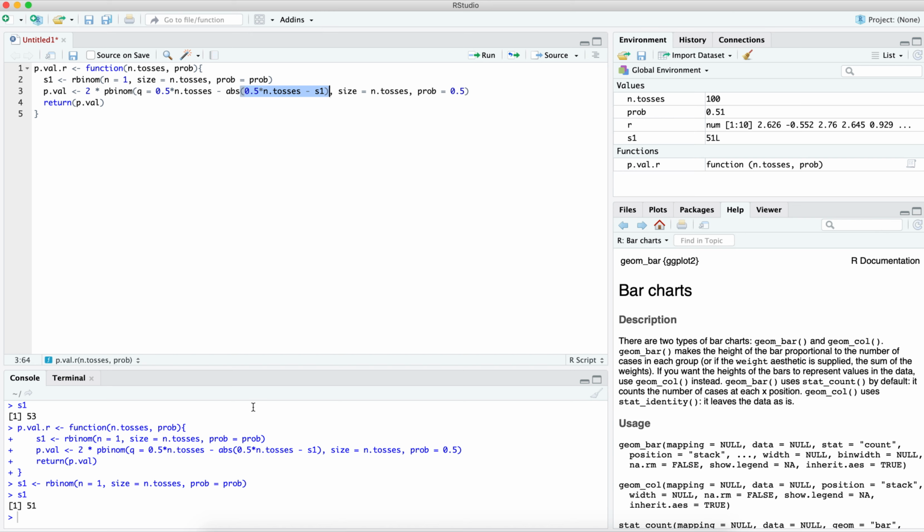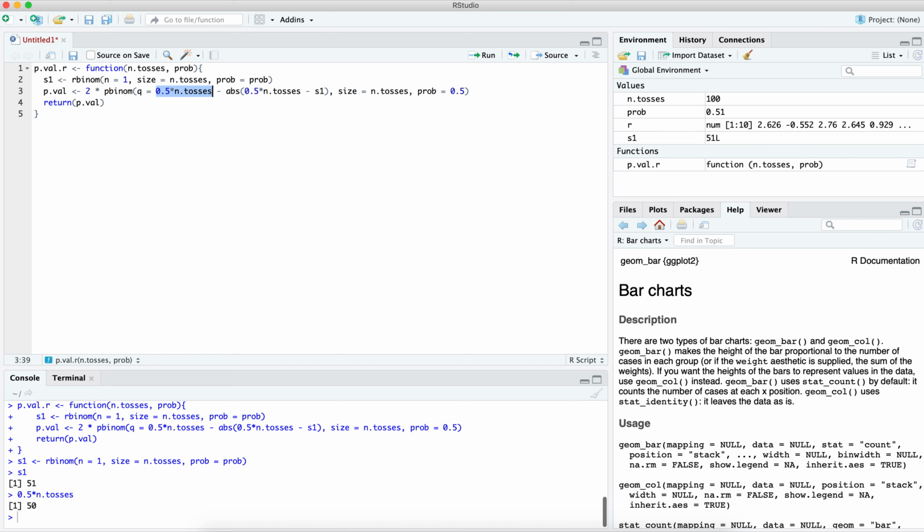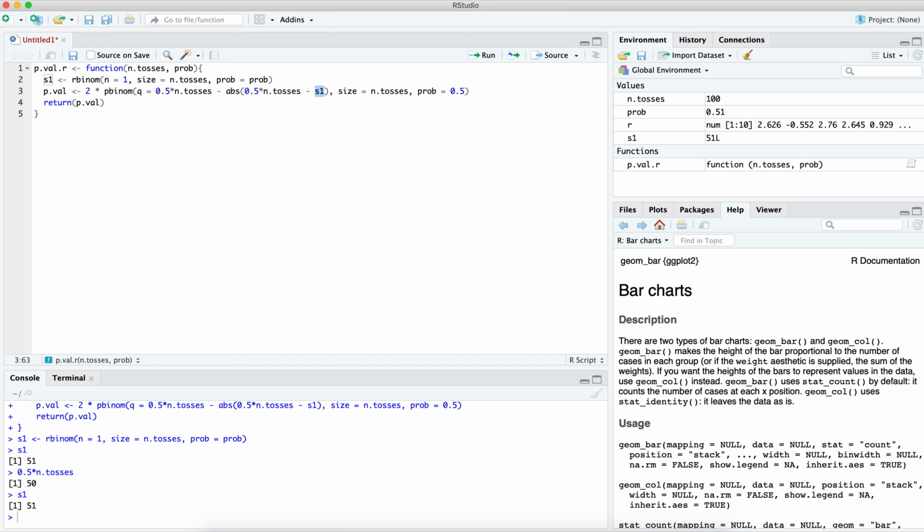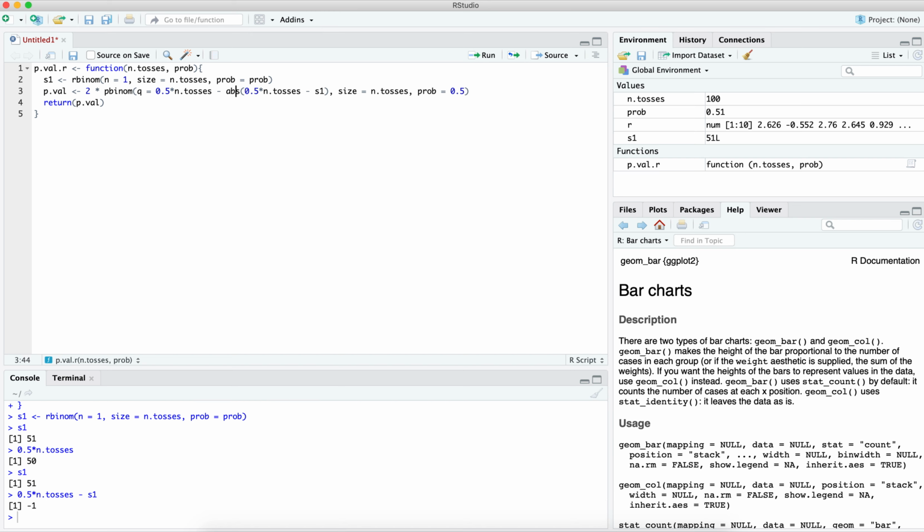So if n tosses is 100, then I expect 0.5 times 100, so 50, right? And then I'm saying, well, I got 51 in this case, right? So 50 minus 51 is going to be minus 1. And then I take the absolute value of that, so I get 1. So in total, this is 50, and then this is minus 1, so I get 49.